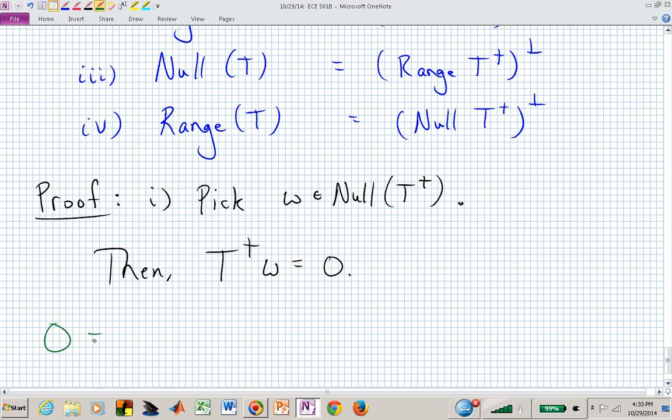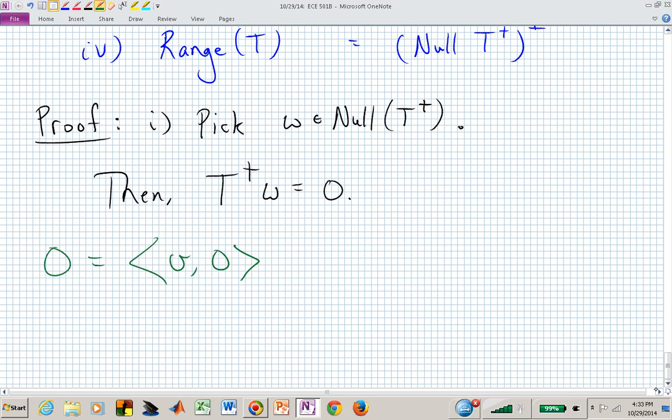Let's now say that we have the 0 scalar, and that's true, isn't it? Any vector V in the vector space capital V, inner product with the 0 vector will give us 0.